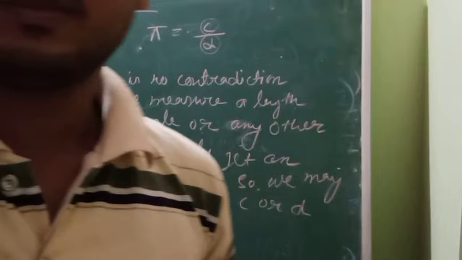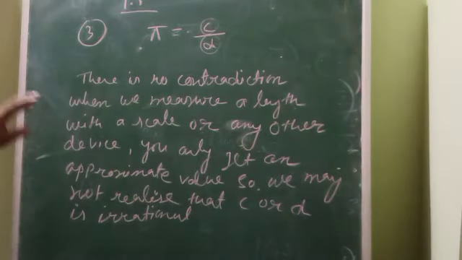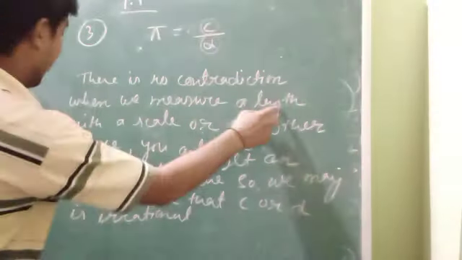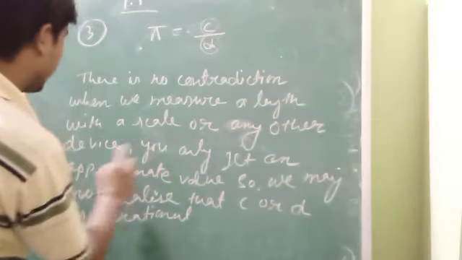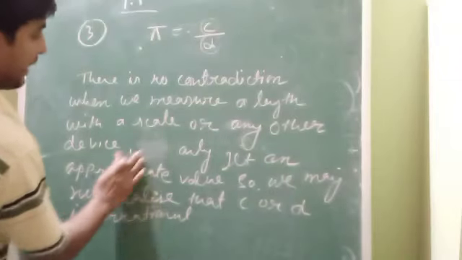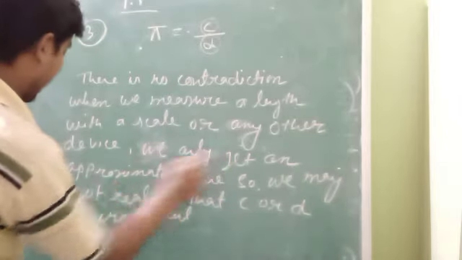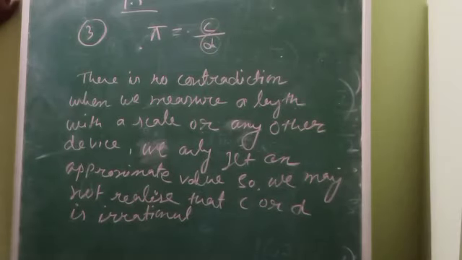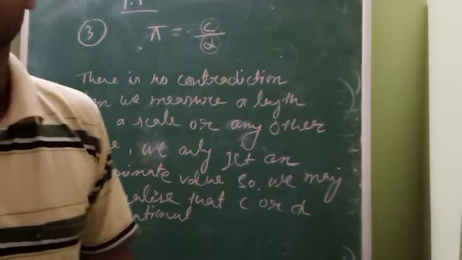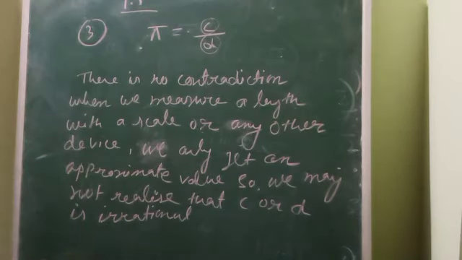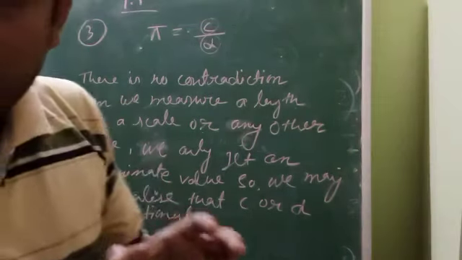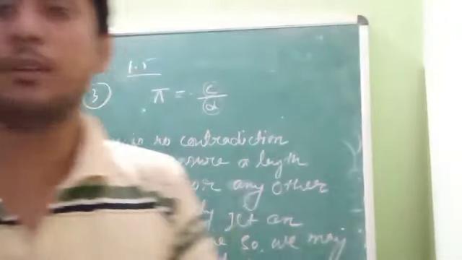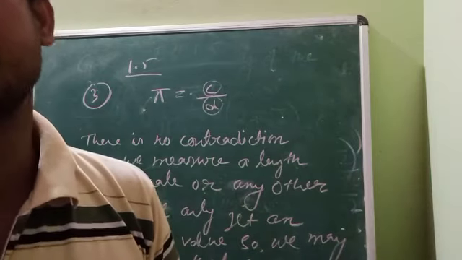Okay? So we can write the answer like this. There is no contradiction. When we measure a length with a scale or any other device, we only get an approximate value. So we may not realize that C or D is irrational. This means that if you find the circumference and diameter by using a scale or device, you will get an approximate rational value.